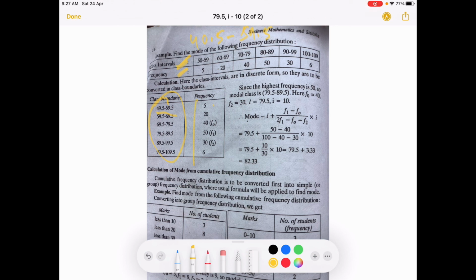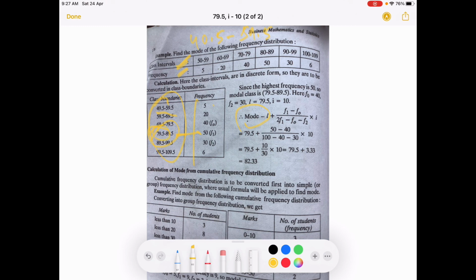Frequency is given. Now you have to apply the mode formula and find the mode. Since you know the mode formula, everything is there. Which one is your modal class? The one with the highest frequency. This one is the modal class. L1 is this, 79.5 lower limit.